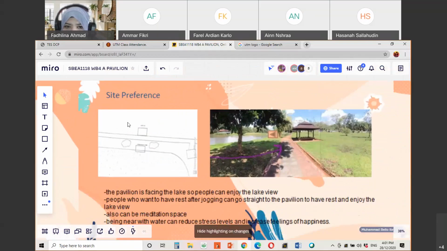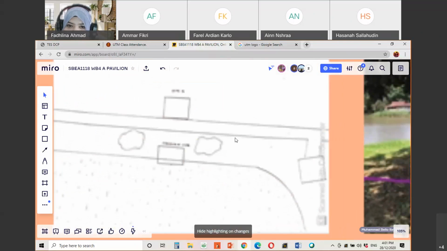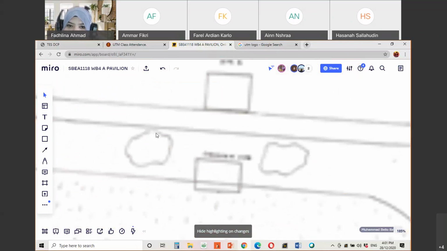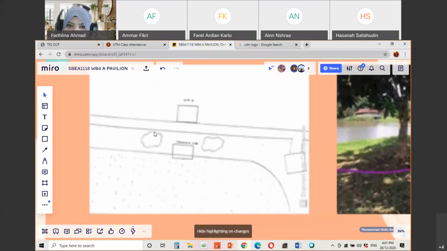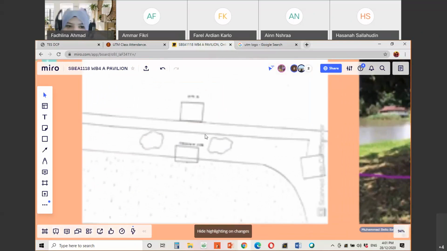Okay, for the site preference, I would like to put my pavilion, as you can zoom in on my drawing. Sorry, it's blurry.